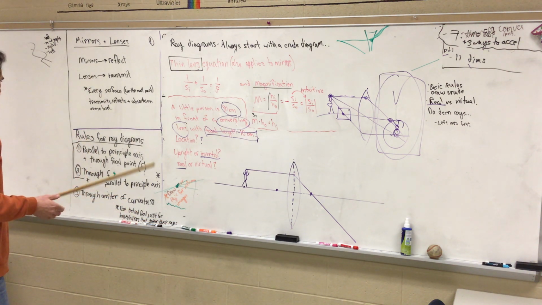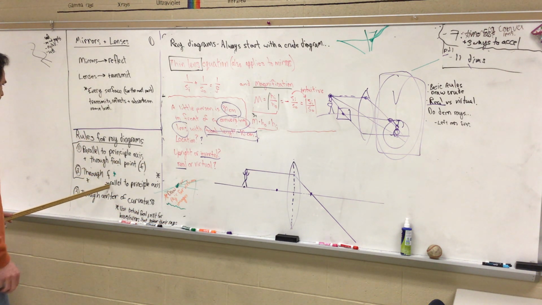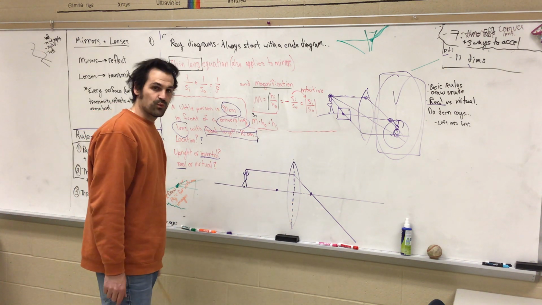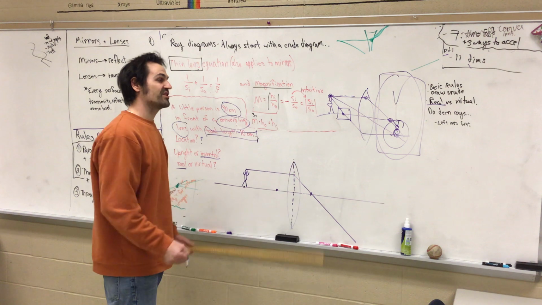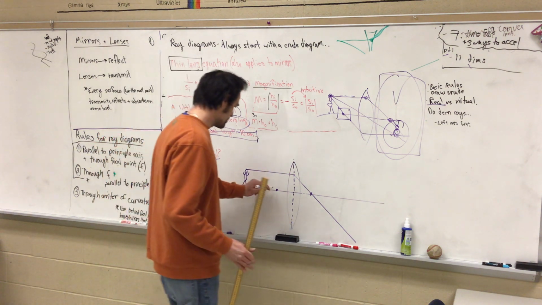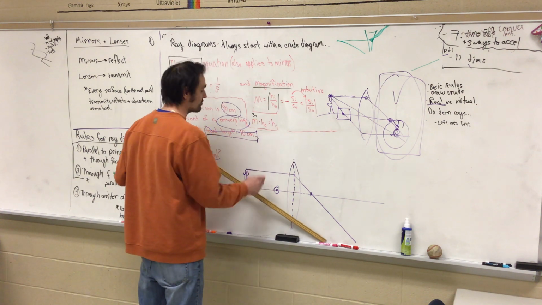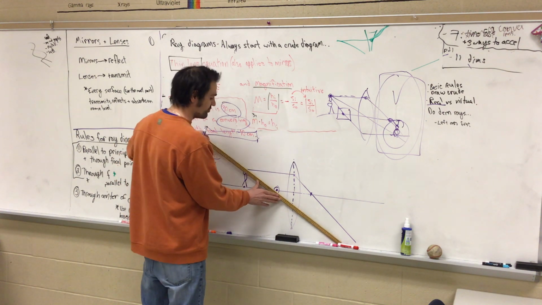Rule number 2, through the focal point and parallel to the principal axis. And since the rays are converging on the side we want them to converge on with the lens, we're going to go through the correct focal point, or rather the left focal point.